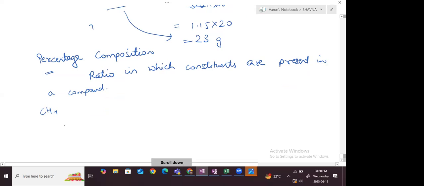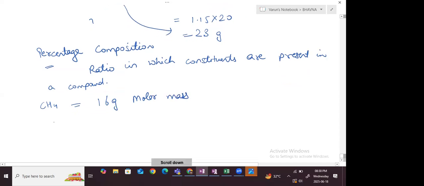So if I say what is the molar mass for CH4, it will be 16 grams. If I have to find the percentage of carbon, what is the mass of carbon? 12.